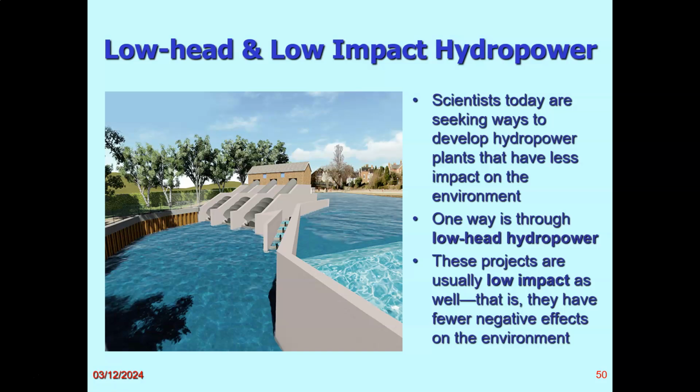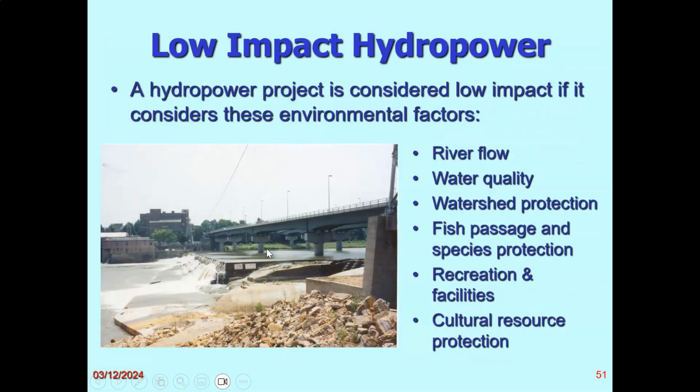So it represents a way of installing systems that can have less impact on the environment. One possible way is to use low head hydropower. So remember, low head means less than 6 meters, like the case of these installations. And so they also have lower negative effects on the environment. And it is the same for this installation.